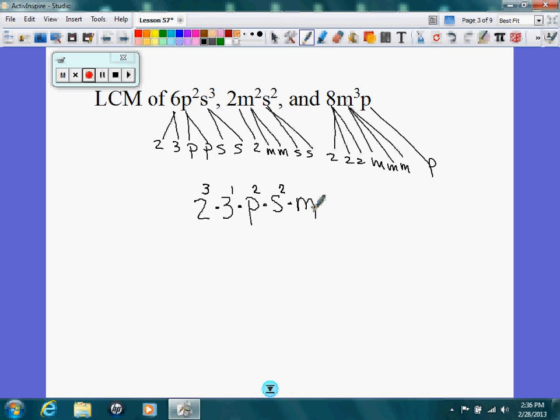And m's, I have 2 here and 3 there, so the most m's I have is 3. So we're ready to do some multiplication. 2 cubed is 8. 8 times 3, I believe, is 24. P squared, s squared, m cubed. That would be the least common multiple of these 3 monomials.